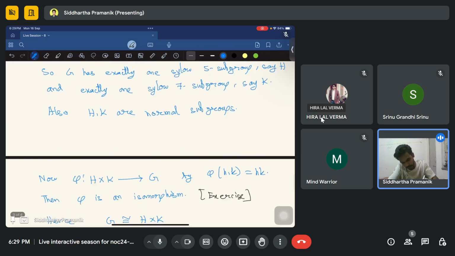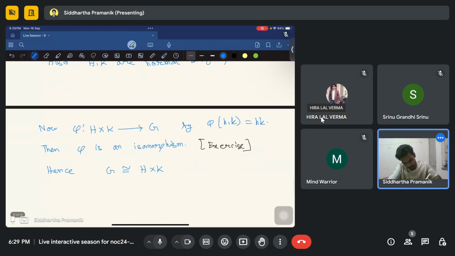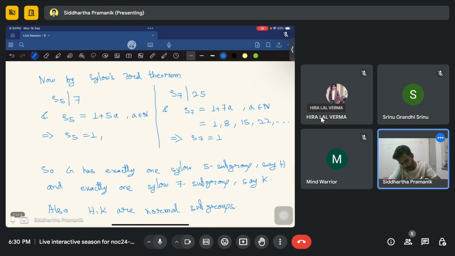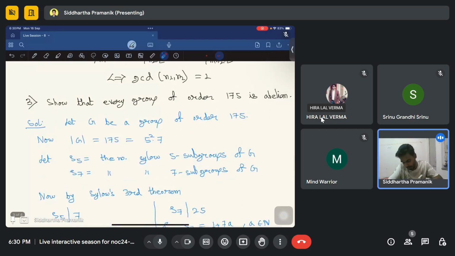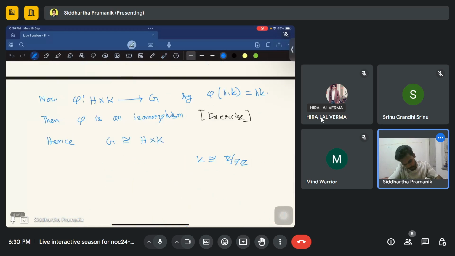Okay. So now you see that K is a Sylow 7 subgroup and its order is 7. So K is isomorphic to Z mod 7Z. But what about H? H is a Sylow 5 subgroup of order 25, meaning 5 square.